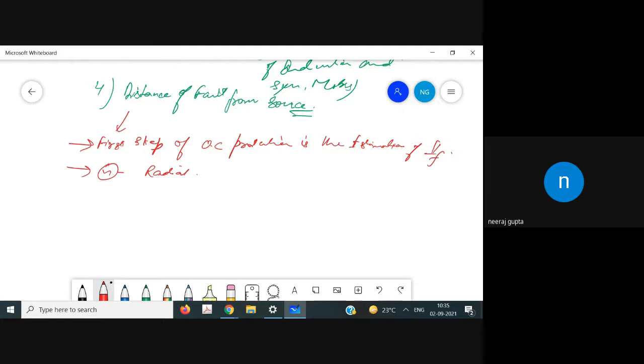It's very simple to calculate, because it is fed from only a single source.